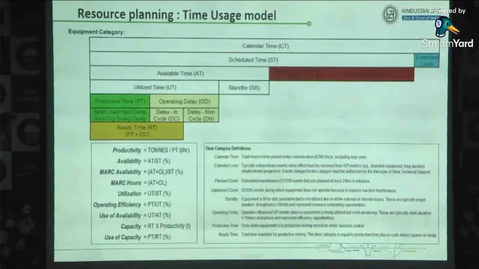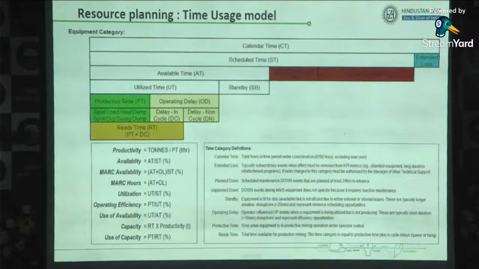Then availability time. At what time the machine is available among that schedule time is the availability time. Then except planned breakdown, sorry, unplanned breakdown or planned downs, the time is available time. Then from available time, there will be some utilized time and some will be standby time.